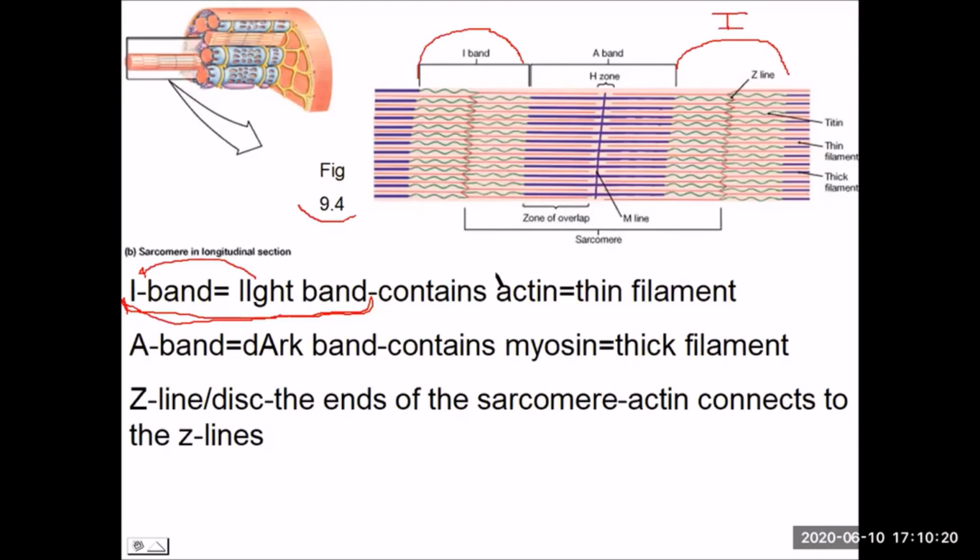And the I band only contains thin filament. There's never thick filament in this region. Whereas now the dark band, the A band, is the area that contains all of the thick filament located here. So you notice the labeling here, the A band, and the purple lines here are representing the thick filament.